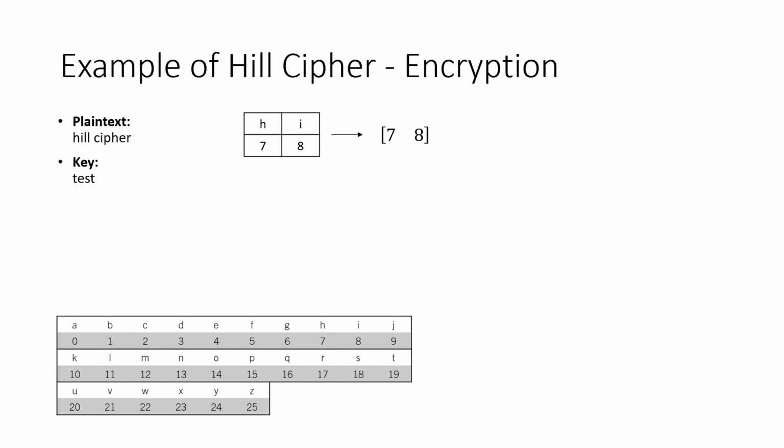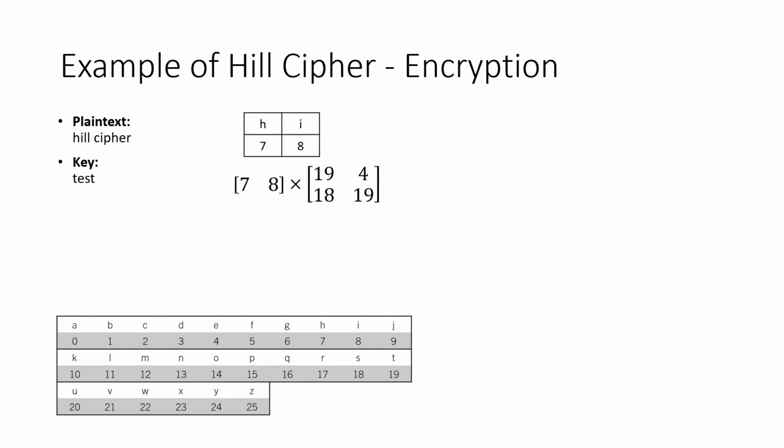So we transform the very first block of our plaintext into a 1 by 2 matrix, as you can see, 7 and 8, and we're going to remind ourselves of the values that we got for our key, which is displayed here. And we are going to multiply these two matrices.